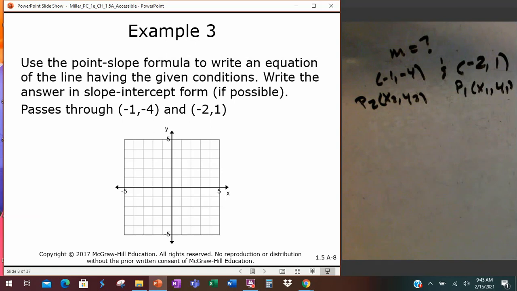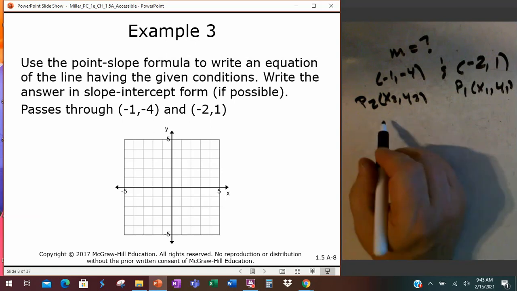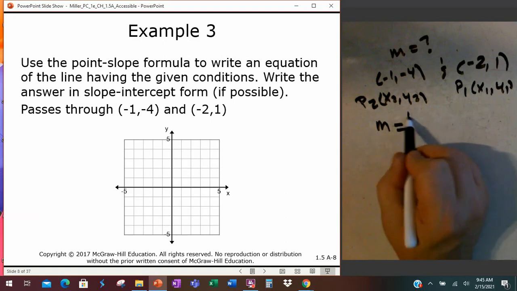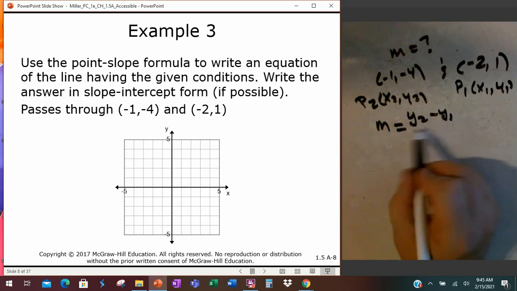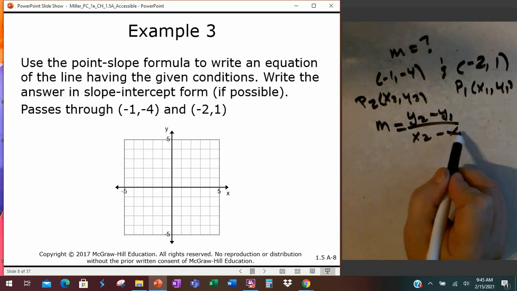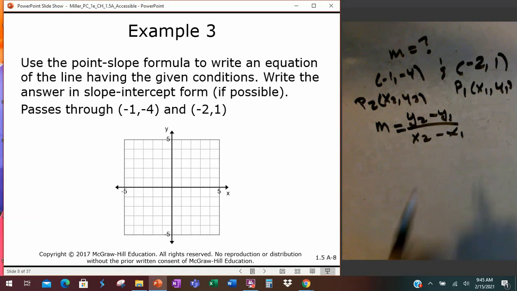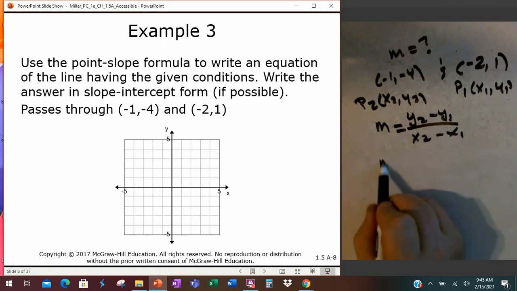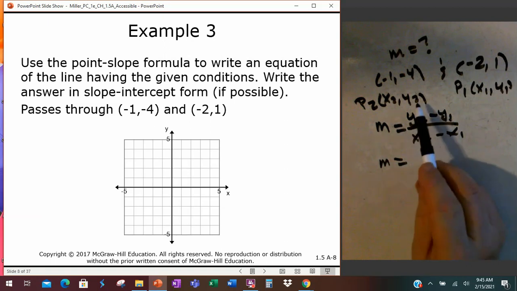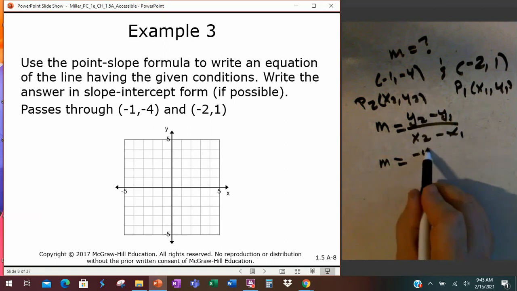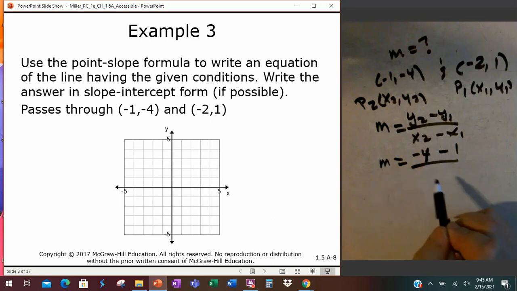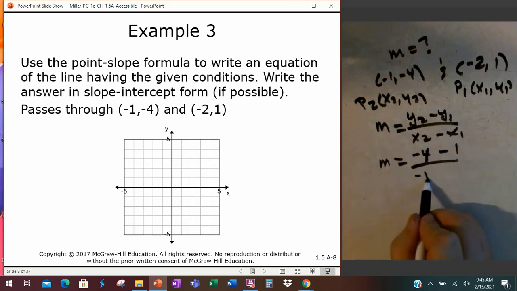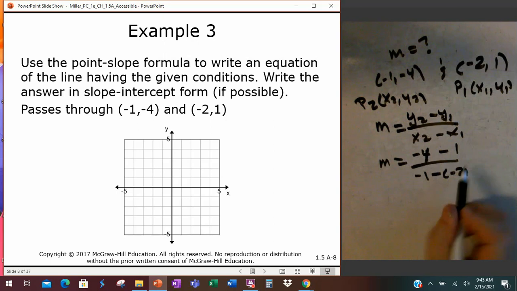Not given the slope, so I have to determine that. So I have to use my slope formula: y2 minus y1 over x2 minus x1. And then I just use my points. Okay, so my slope is my y2, -4, minus 1, over x2, -1, minus a minus 2 for my x1.